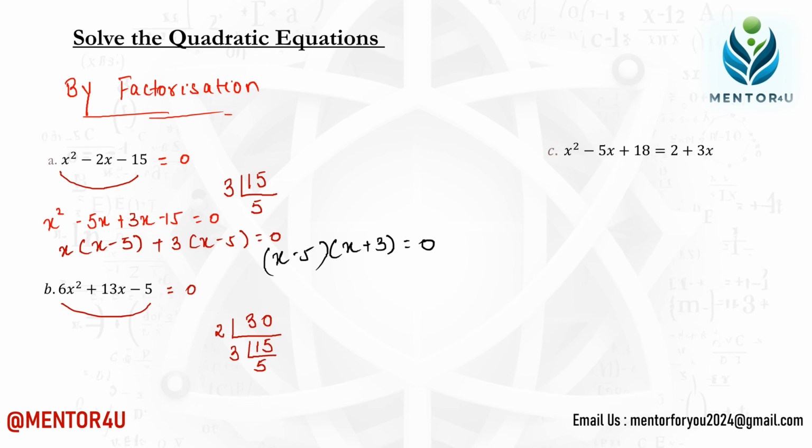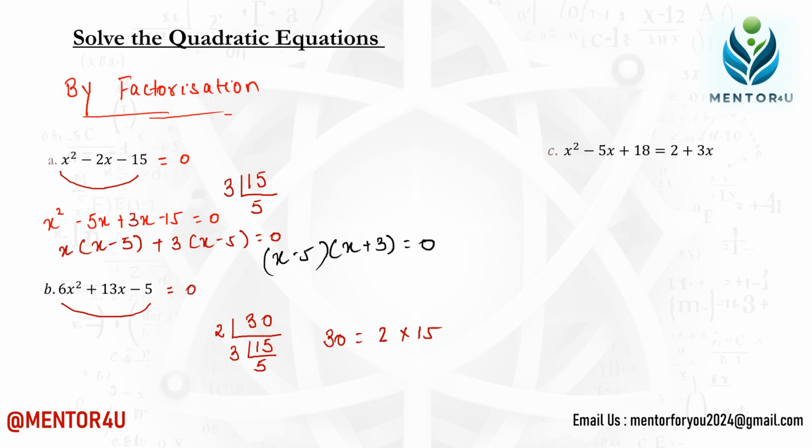The only way it is possible is if I break 30 as 2 multiplied by 15, so I can break that 13x as 15 minus 2. So 15 minus 2 is 13, and 15 multiplied by minus 2 is minus 30. That should be the motive.